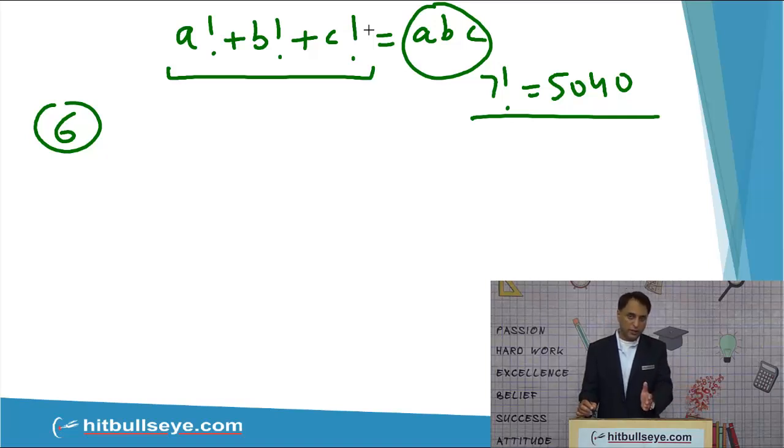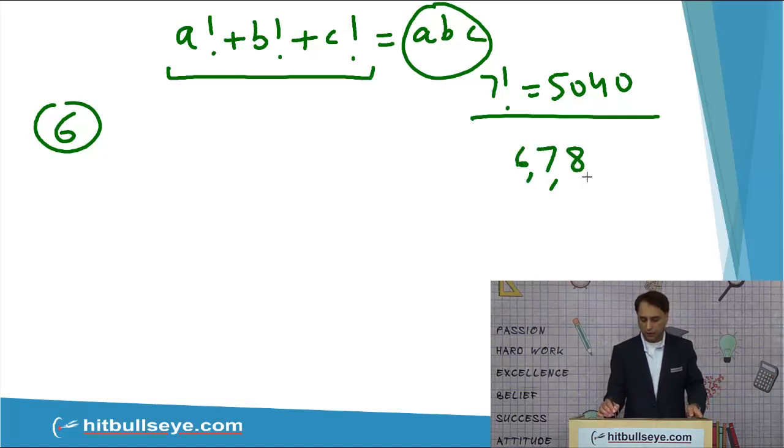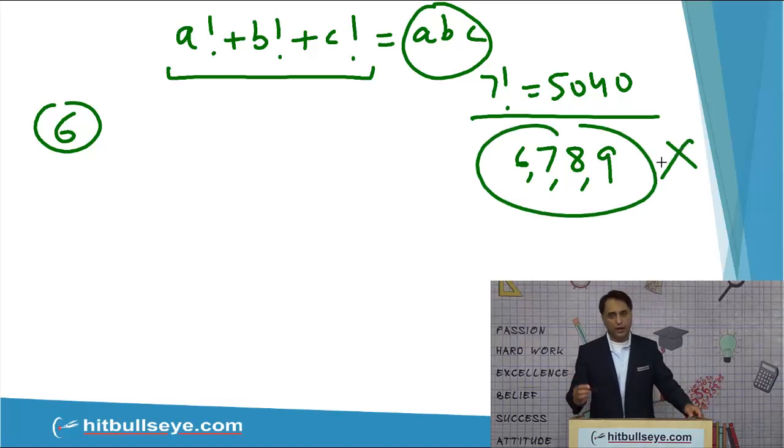So the minute you get this, you are able to understand that your A will take a value of 7, 8 or 9, which is not possible, which we just decided a while back, which means that 6 is also not a possible value on the left hand side for any of these variables. So 6, 7, 8 and 9, these 4 digits are eliminated.